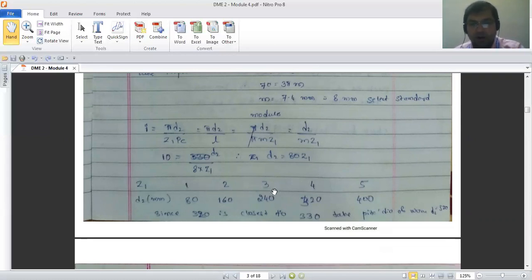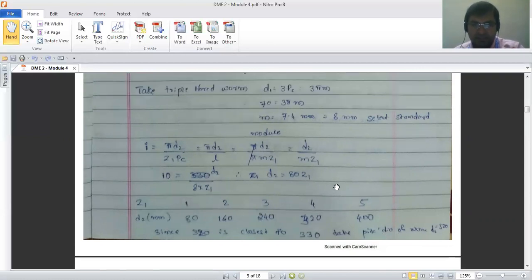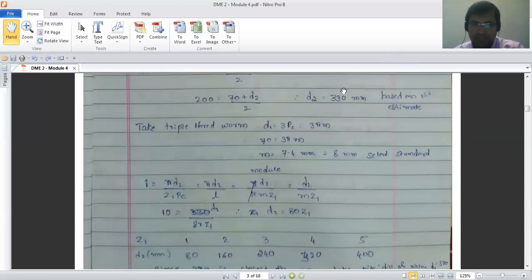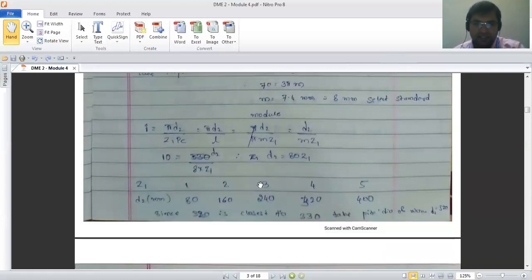So for these values, we can have the d2 values, that is 80, 160, 240, 320, 400. Now, the first estimation d2 value is around 330 millimeter, and the second estimation of the d2 value with z1 value 4 is very near to 330 millimeter.